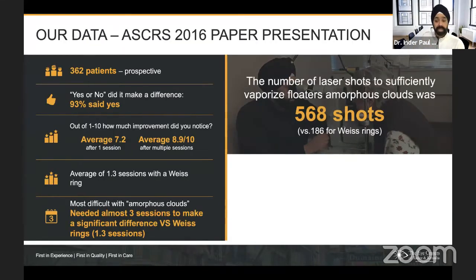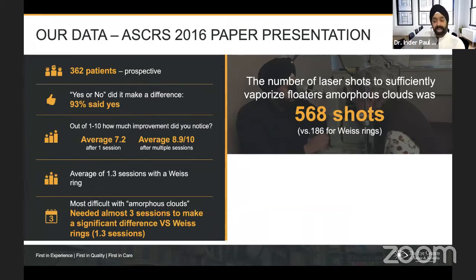We published data and presented data at AAO, and this is at ASCRS in 2016, showing that out of 362 patients, in a prospective study, 90+% of patients said, yes, it made a difference. We saw an average of about 70% improvement after 1 session. Some of these patients needed multiple sessions, with about 90% improvement after multiple sessions.